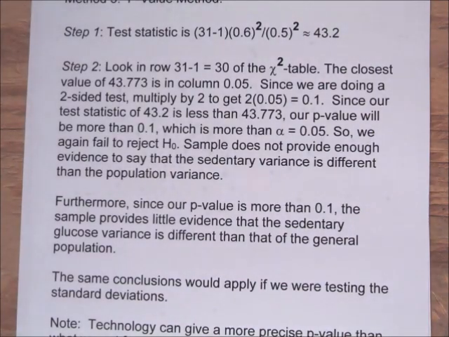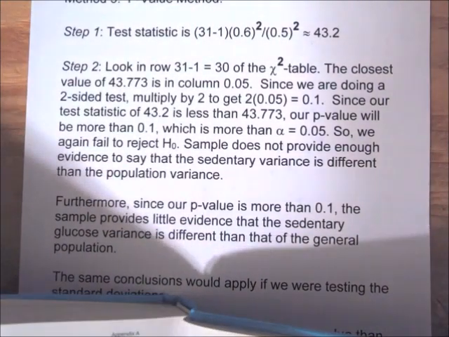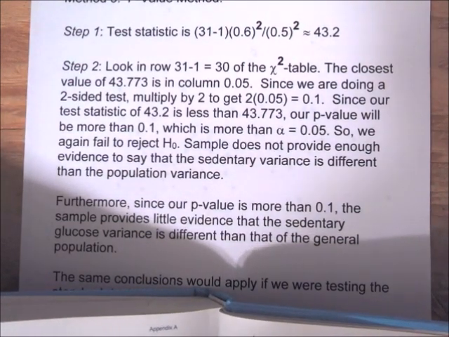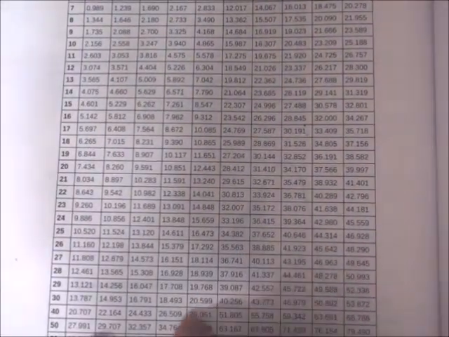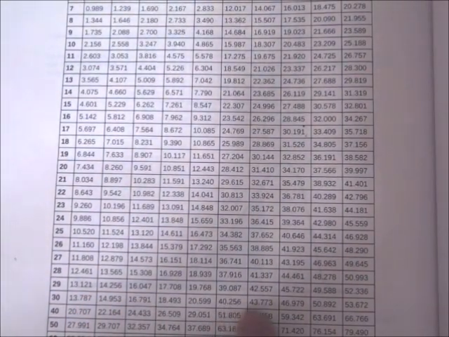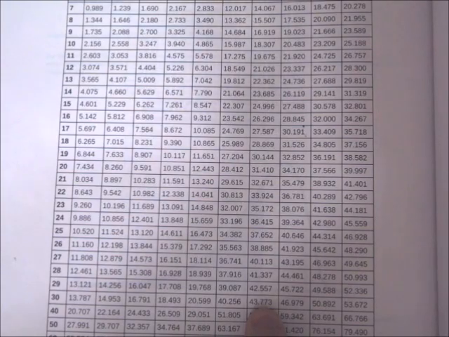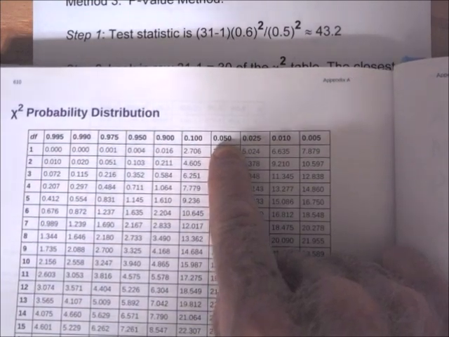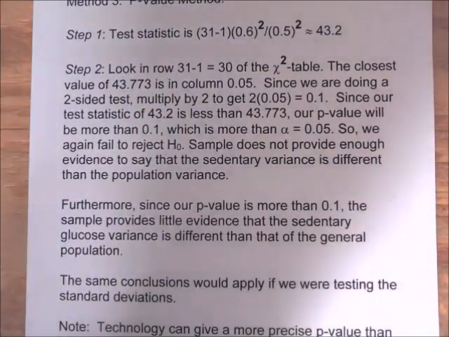So if you look in the chi-square table in row 30, and we're looking for something close to 43.2 in row 30. So row 30 and 43.7 is the one that's closest. So if we go up to the column heading, it's 0.05, and then multiply by 2, we get 0.1.